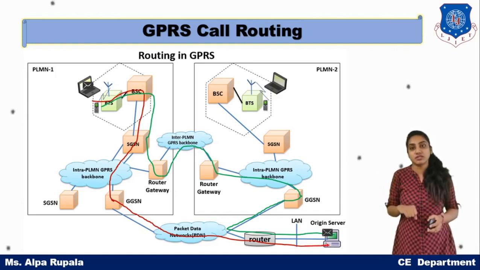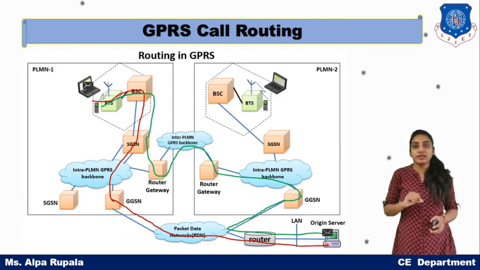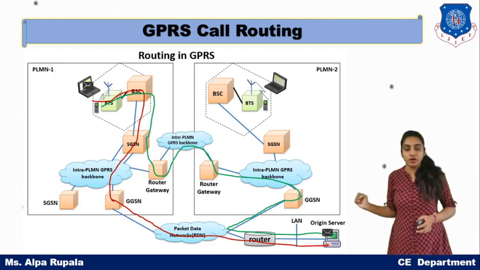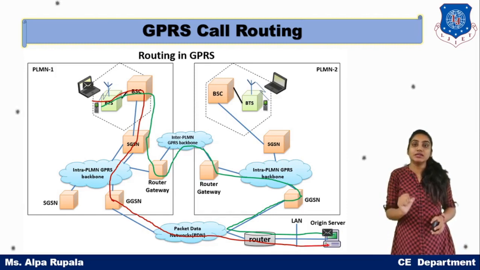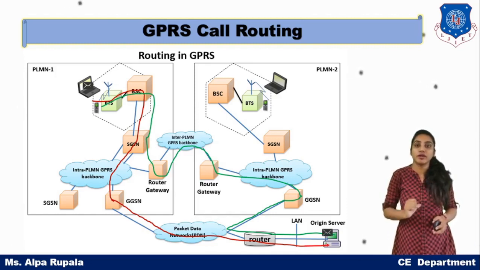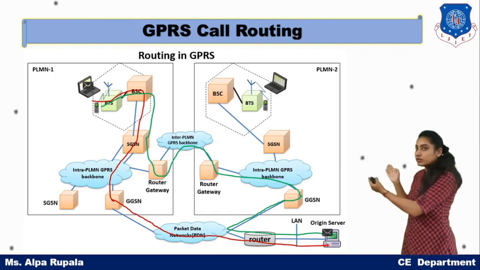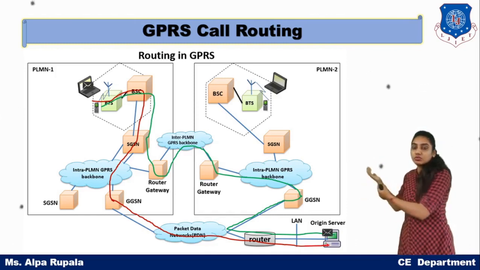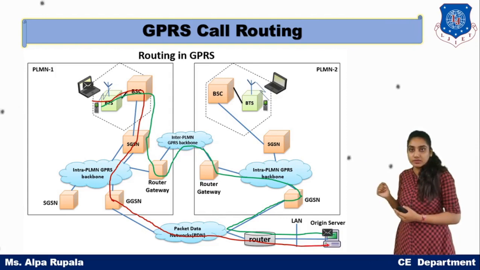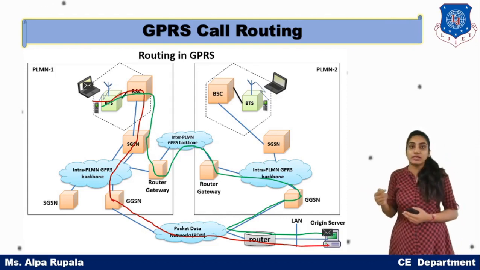So what is the task of the SGSN? It has to transfer that response from PLMN2 to PLMN1 using the inter-PLMN backbone network and router gateway. You can see that two different PLMNs have two different router gateways connected with each other.